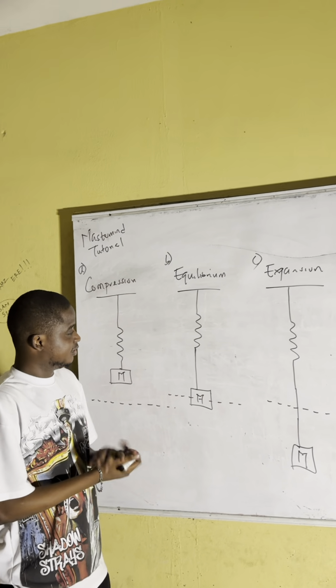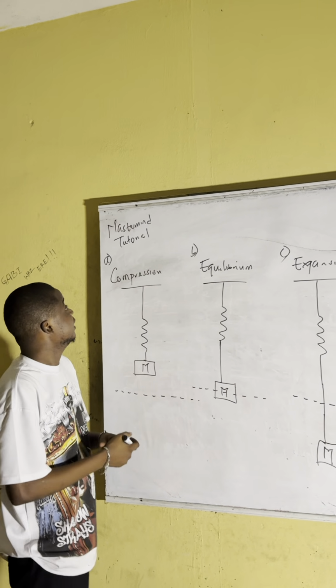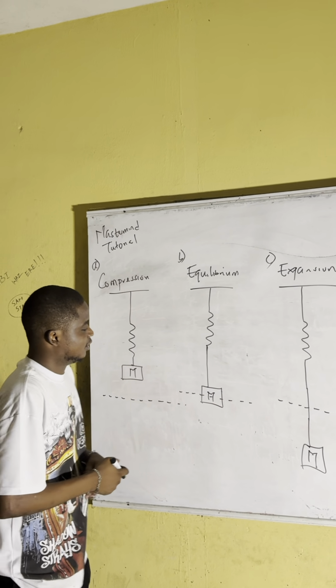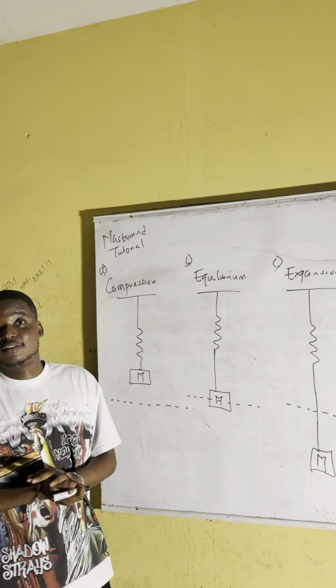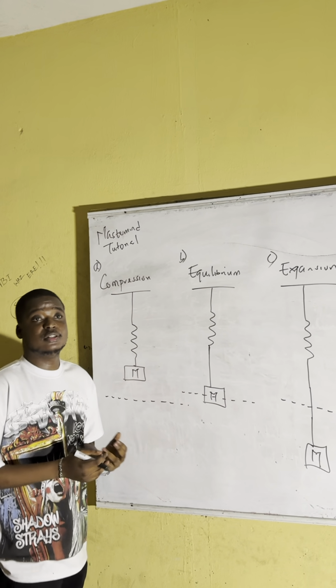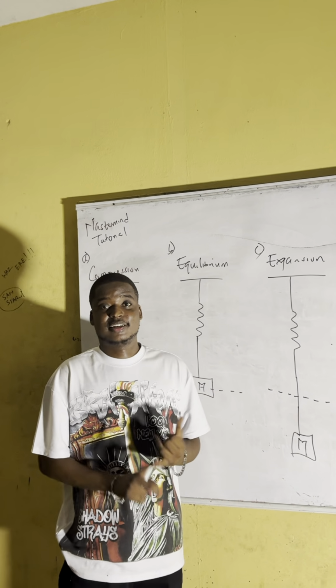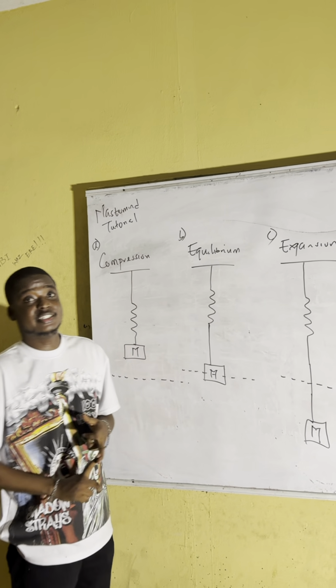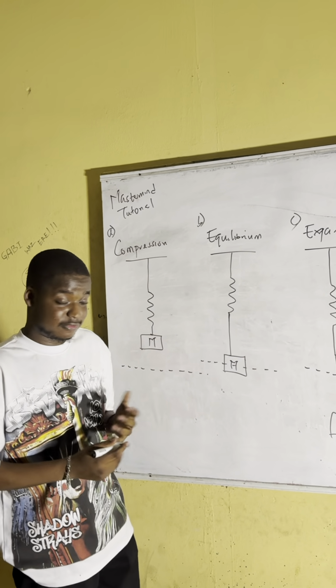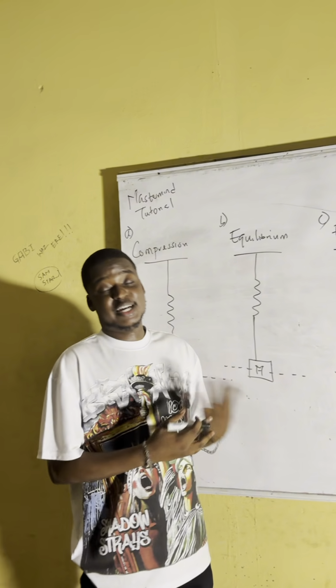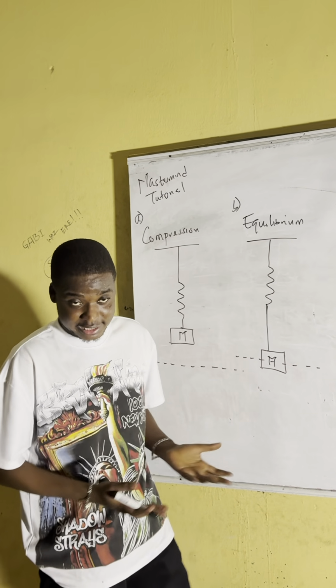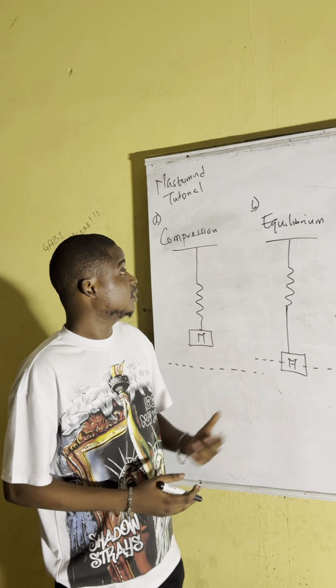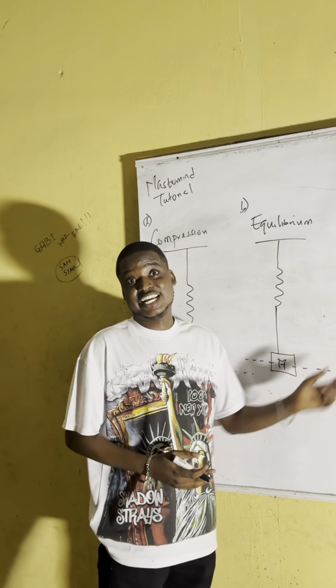So we have three systems of mass spring here, and what are these diagrams all about? I want to tell you what happens to potential energy, kinetic energy, and mechanical energy of a mass spring system in three cases: compression, equilibrium, and expansion.